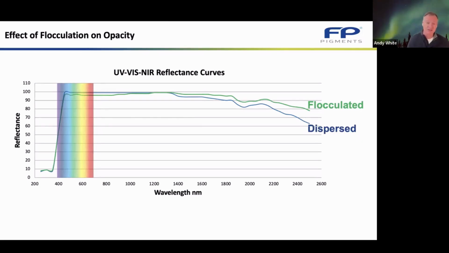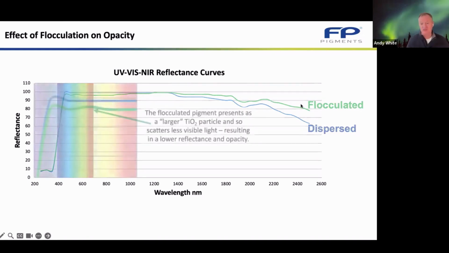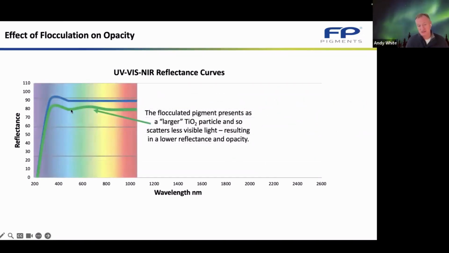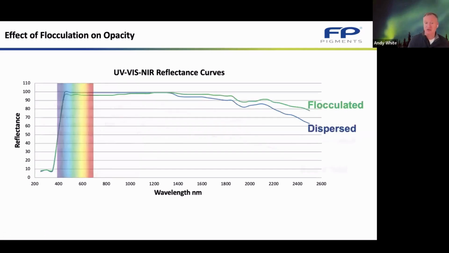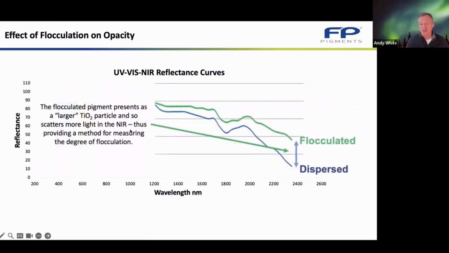And interestingly, because you're essentially creating little clusters of TiO2 that have an effective higher scattering particle grouping, you start to scatter red light more. So out in the infrared, you can actually see that there's more infrared light being scattered. And so essentially, as I said, you get lower opacity because you're scattering less white light, but you're scattering more in the near IR.